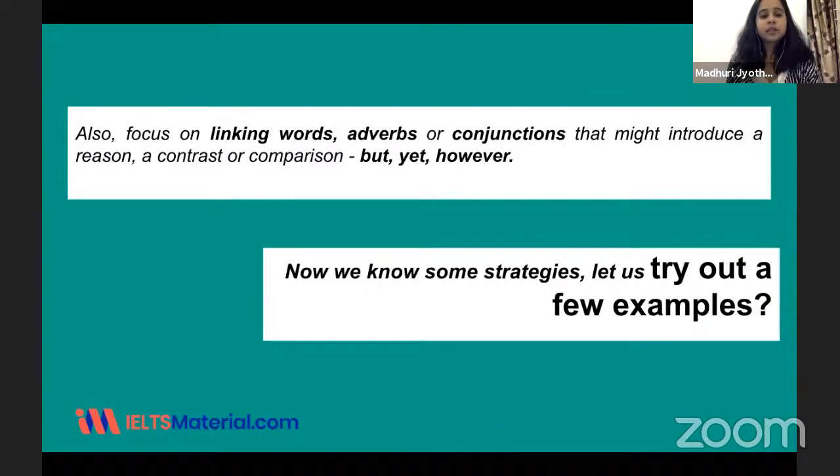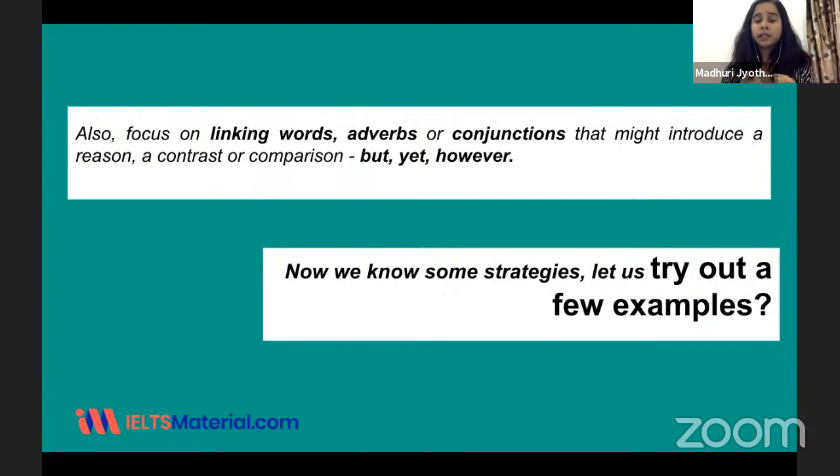Now, linking words such as in addition to, however, but, yet, these are the words that you need to look out for when you are reading a question. So you get a question and then you're underlining the keywords. Keywords does not mean that they won't have linking words or adverbs or conjunctions.